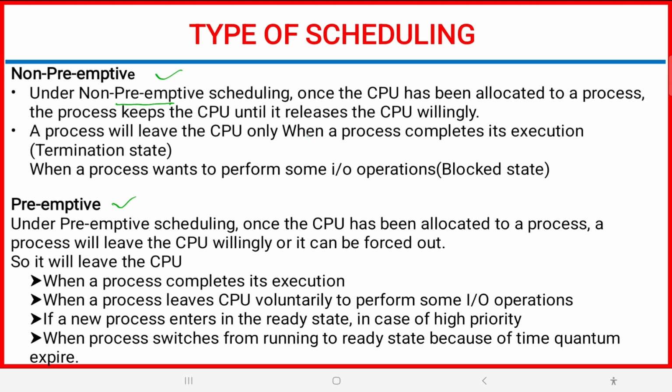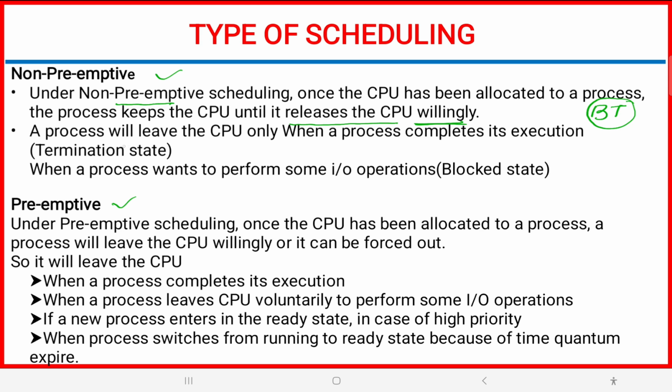That is, the process which was executing will only release the CPU at its own will. When I'm saying will, it means it will continue with the CPU's execution for its entire burst time, or the CPU time. What is burst time? Burst time is the time which the process needs to execute with the CPU.